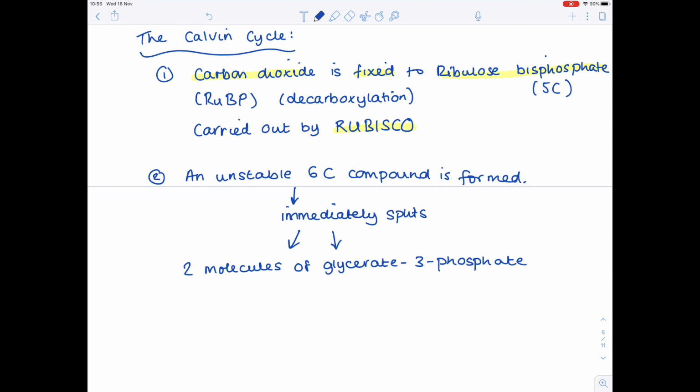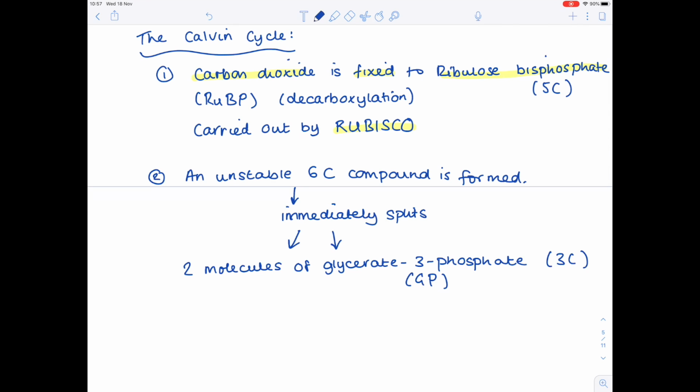So 2 molecules of glycerate 3-phosphate are formed. It would make sense, therefore, that these molecules are made up of 3 carbon atoms because, after all, a single 6-carbon compound has split to produce 2 3-carbon compounds. You can call glycerate 3-phosphate GP.